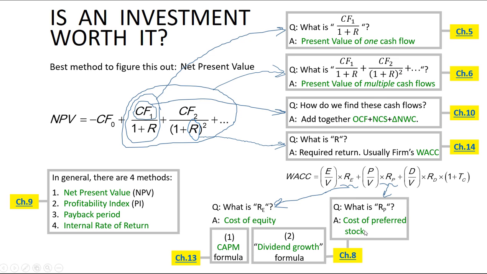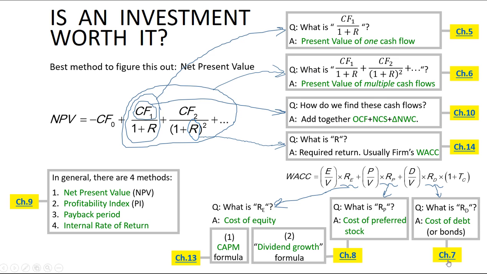And preferred stock is the topic that was also covered in Chapter 8 on stocks. And finally, the weighted average cost of capital formula also contains R subscript D. What is RD? That's what we call cost of debt or cost of bonds, again from the firm's point of view. This topic, the topic of bonds, was covered in Chapter 7 in this class.